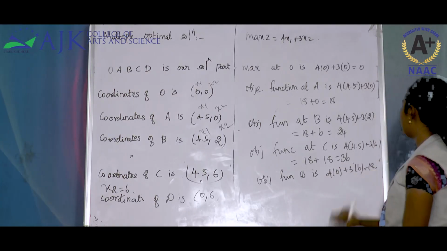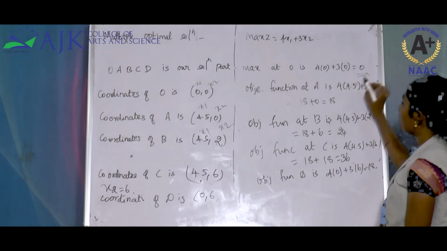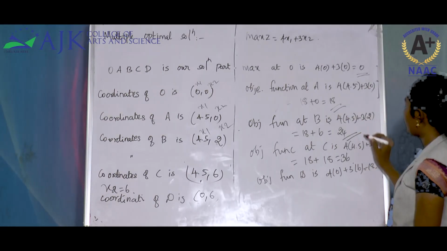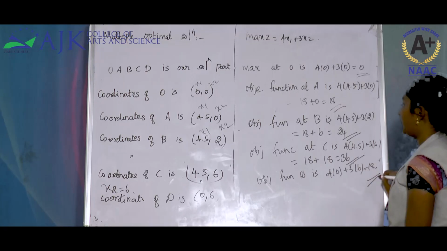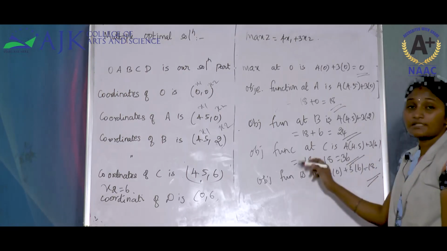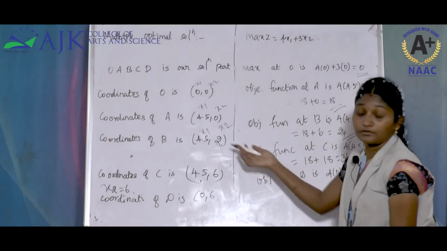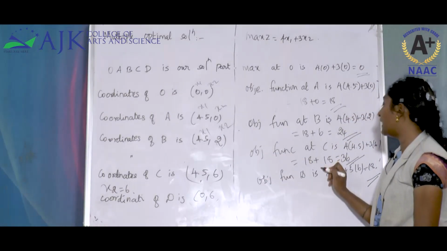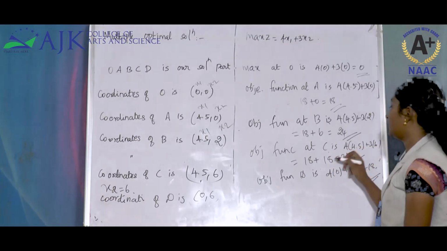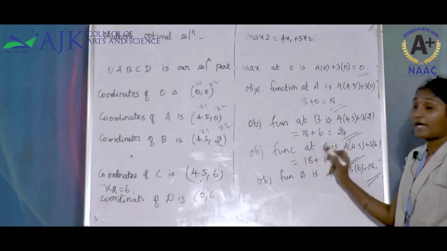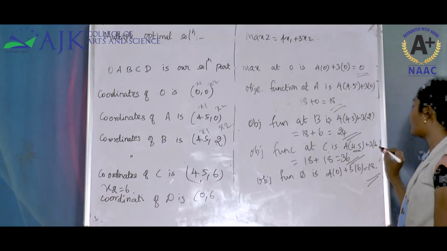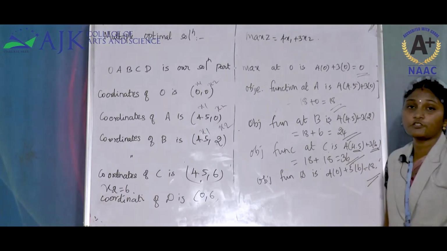This is equal to 18. Right? Consider the values 0, 18, 24, 36, 18. Here, which is the maximum value? 36. So, our objective function is maximum at C. That is, our objective function is maximum at x1 is equal to 4.5 and x2 is equal to 6.